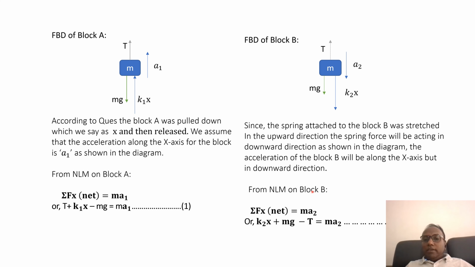So we shall write the equation by applying Newton's law of motion, that net force acting on a mass is equal to the mass into acceleration of that block. So K2x is acting downward plus mg is also acting downward, so K2x plus mg. T is acting in the upward direction, opposite of mg plus K2x, so it is minus T, and this is equal to mass into acceleration a2. Let us say this is equation number 2.